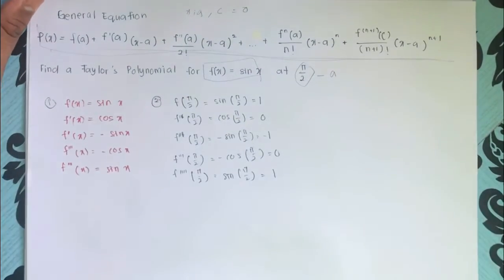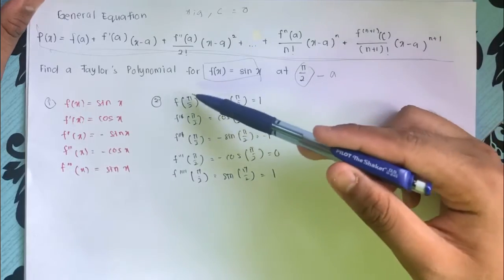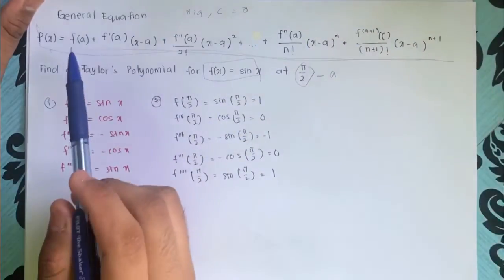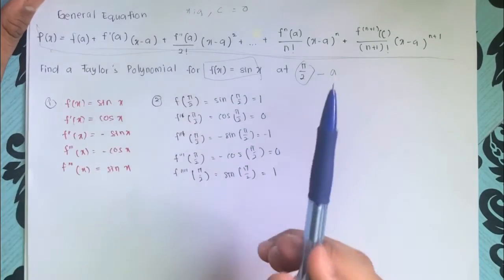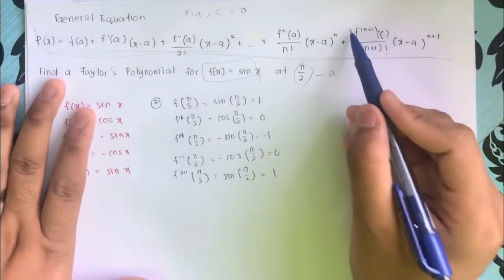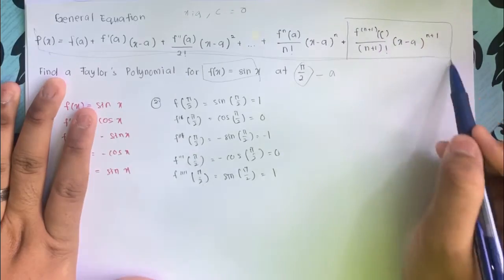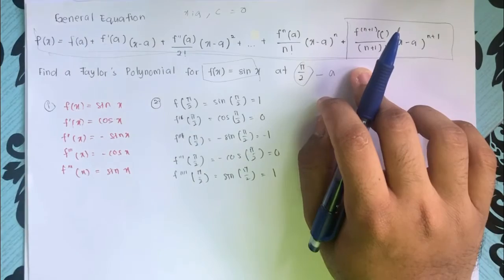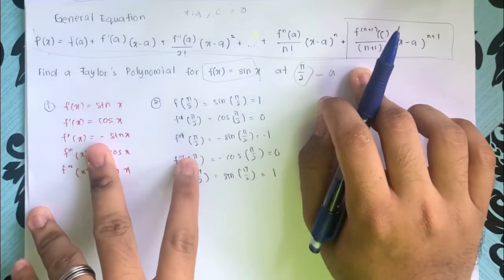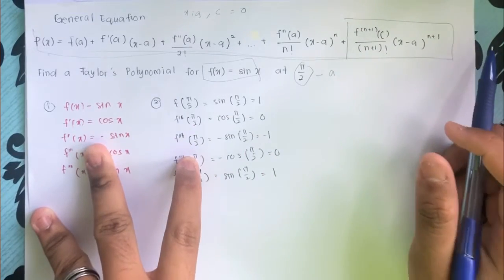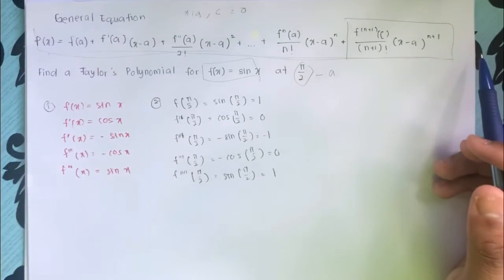Okay, now all of these are actually f(a). As you can see, this is f(a), f prime (a), and so on. And if you look at this one, this is actually not part of the expansion of the Taylor series, but it is the remainder of the expansion.